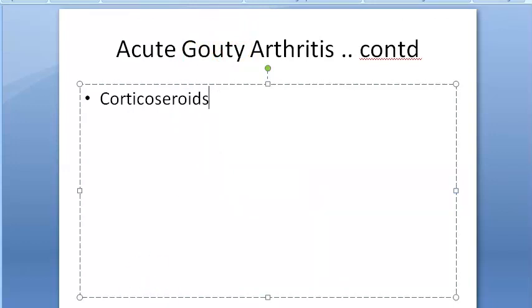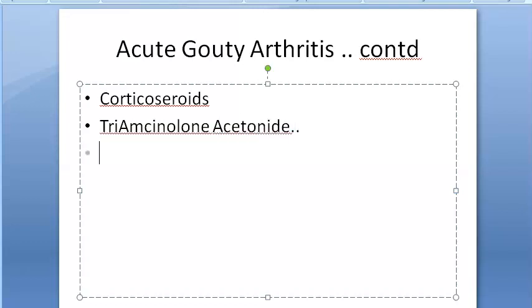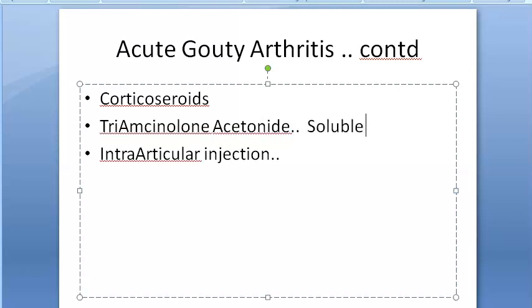The example is triamcinolone acetonide. It is given as an intra-articular injection. This is a soluble steroid.